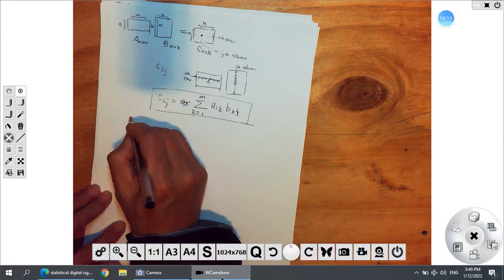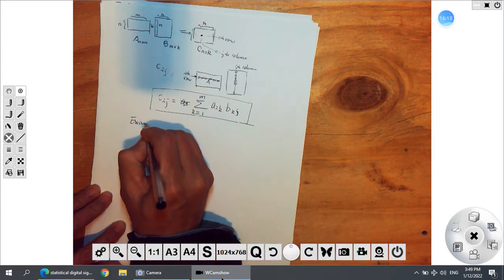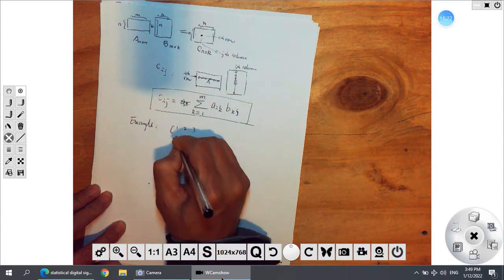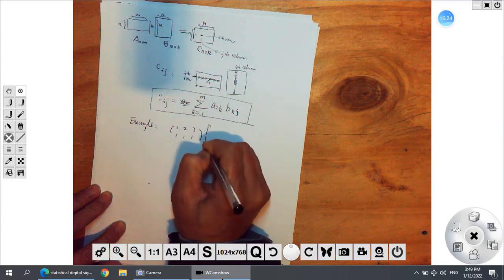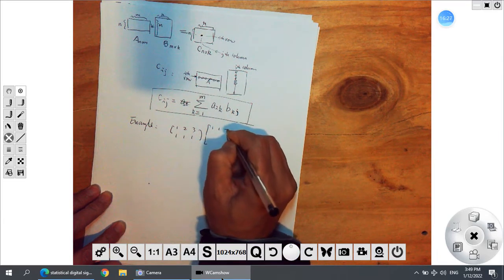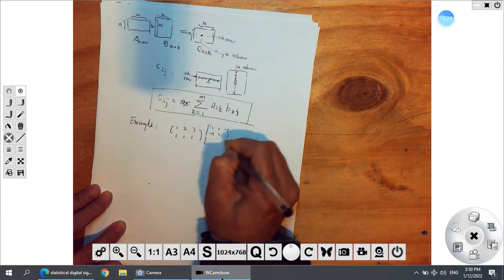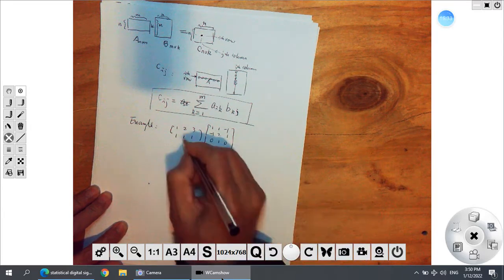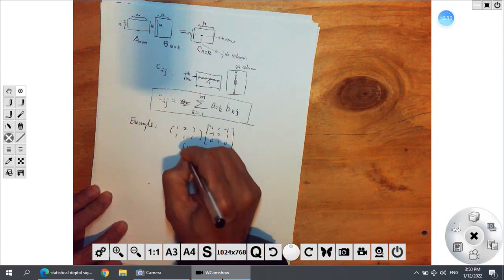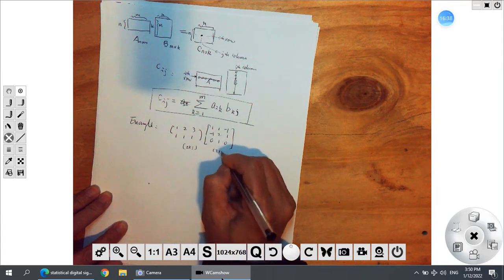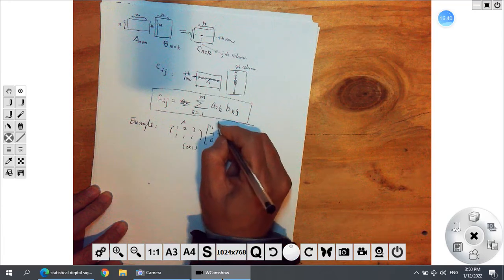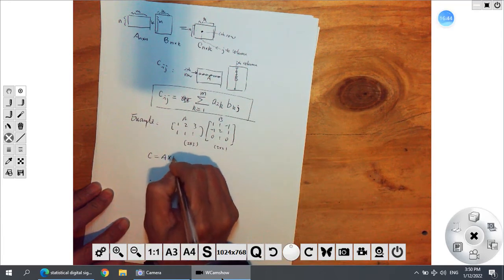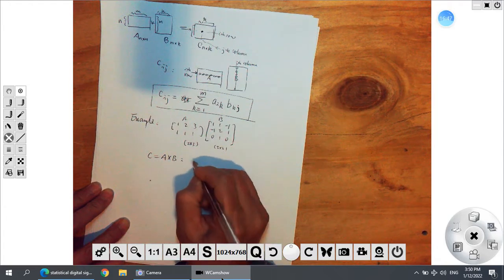Okay, let's check another example. I have 1 2 3, 1 1 1 times 1 1 negative 1, negative 1 2 1, 0 1 0. I have two matrices. The first one is 2 by 3, and the second one is 3 by 3. This is A, this is B. Then C equals A times B, and has size 2 by 3.